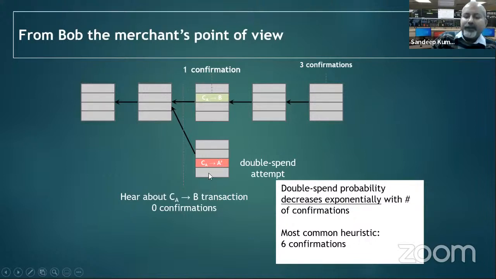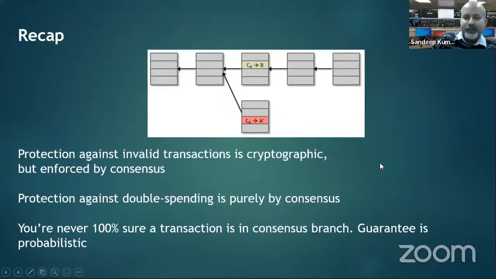So if Amazon ships the item after this block is made, Amazon may be the loser because after some time, it will be clear that this transaction is no longer valid. So Amazon didn't get the money, some B got the money. So therefore, Amazon better wait for 6 confirmations. That's what we already talked about, that Amazon has to wait for at least 6 confirmations before it ships the item, because otherwise it may lose the money.